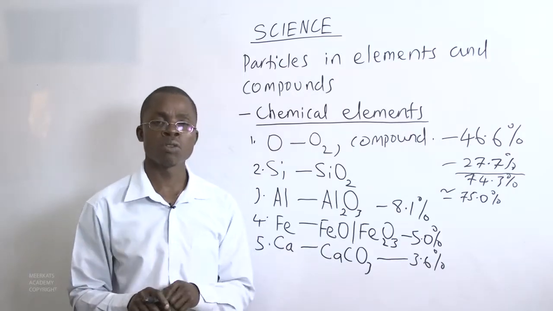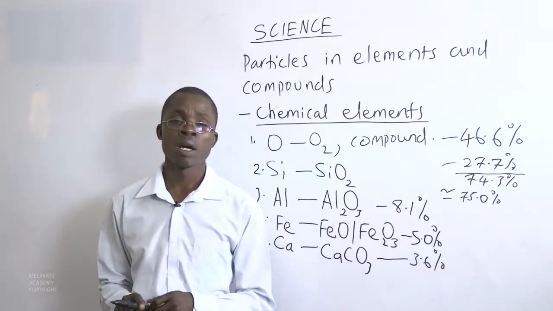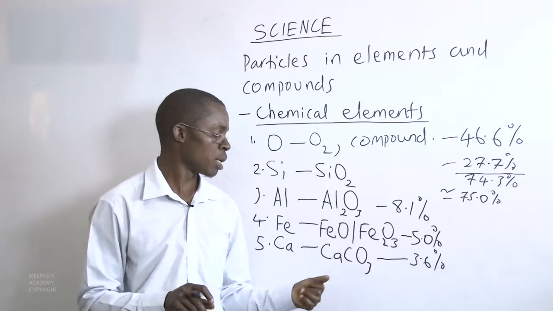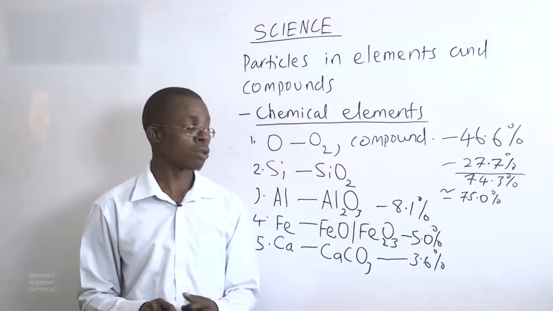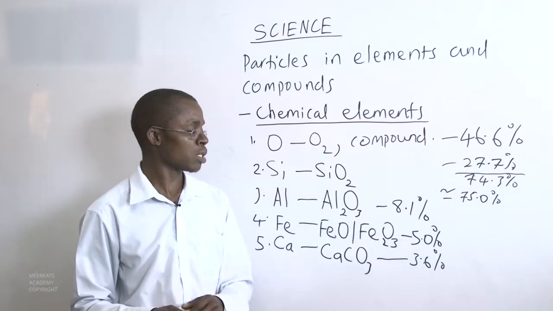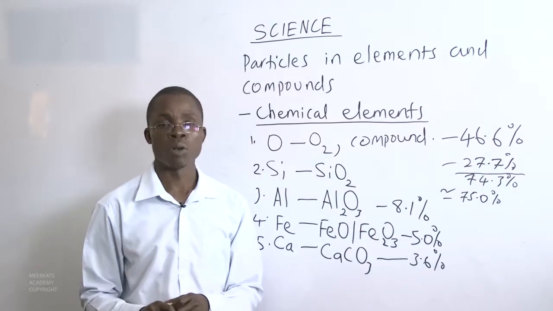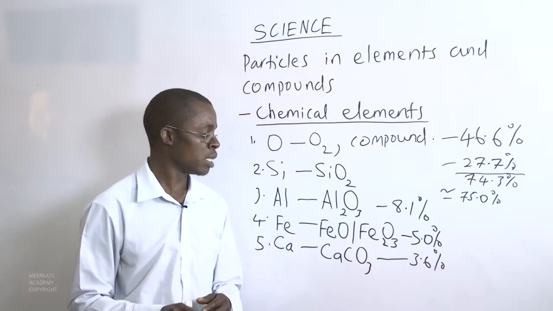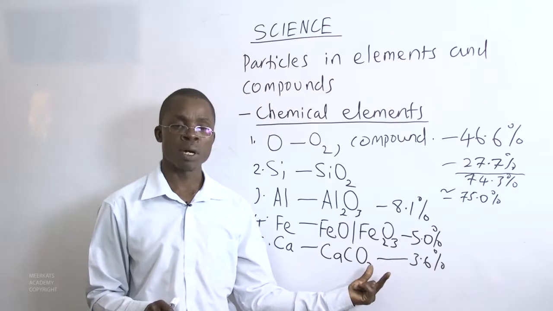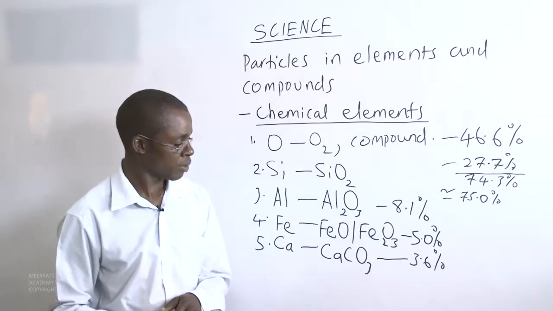If you look at the composition of corals, you'll find that a bigger part of it is calcium carbonate, but they only carry 3.6%. So this shows that these percentages are not small. They may appear as small numbers, but in reality, this shows a very big part of the Earth's crust.